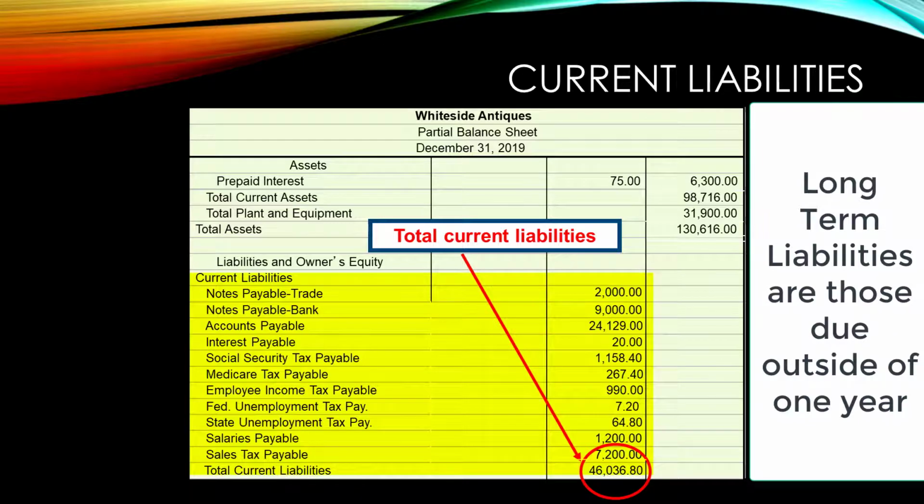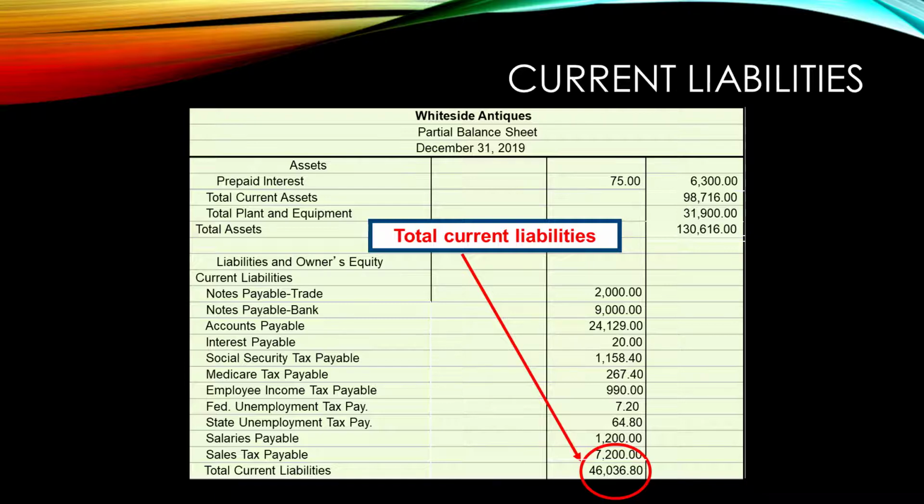Although this company doesn't have any long-term liabilities, common examples would be mortgages payable or auto loans payable. The equity section, although not shown on the slide, is exactly the same as we learned previously. There is one line that says capital, and the ending capital from the statement of owner's equity would be carried over.